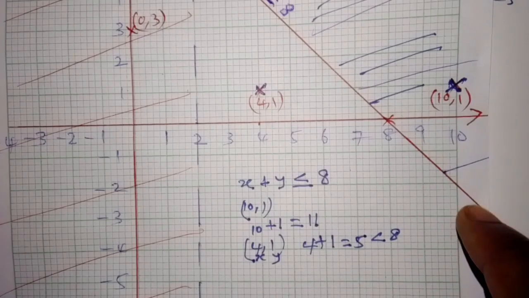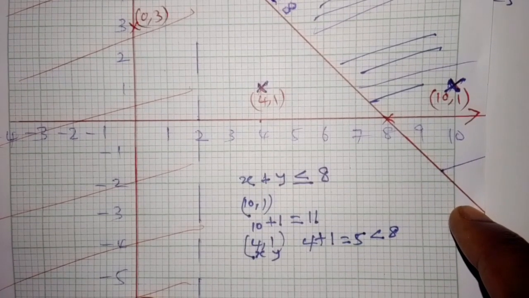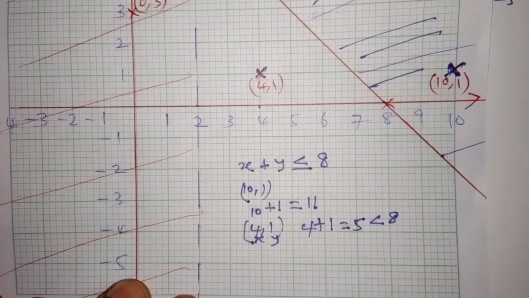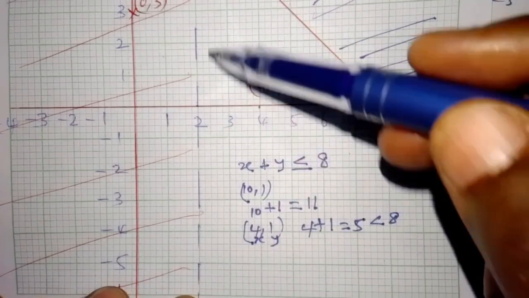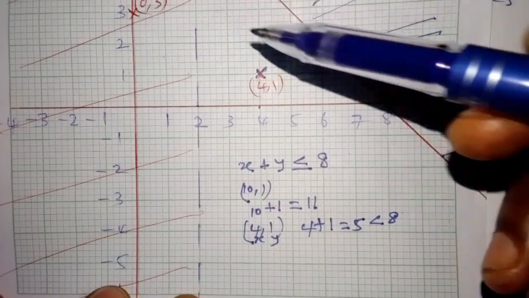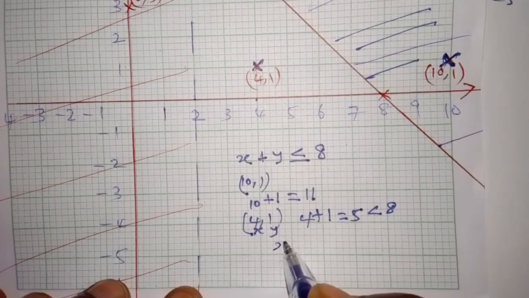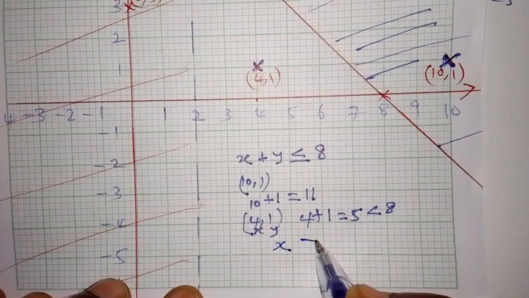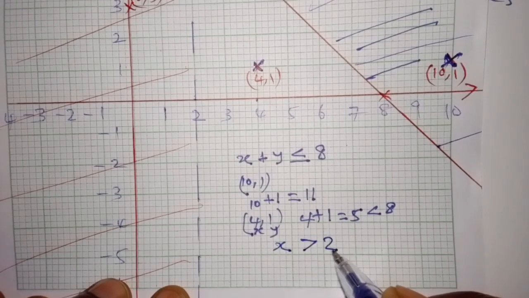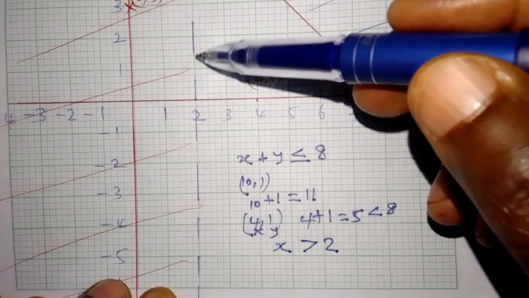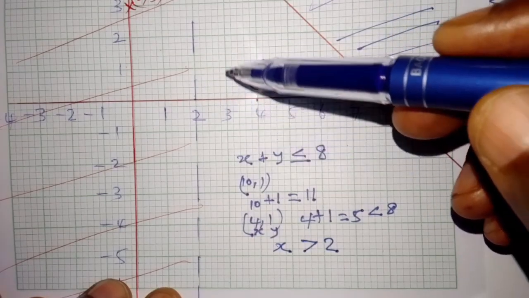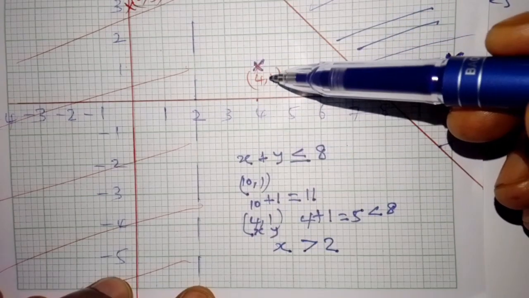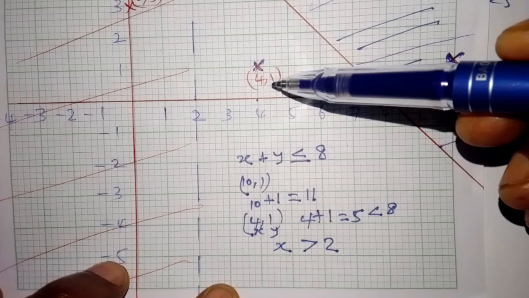Then now we want to test this other inequality, for the line whereby x is greater than 2. We can take a point like (4, 1) here.